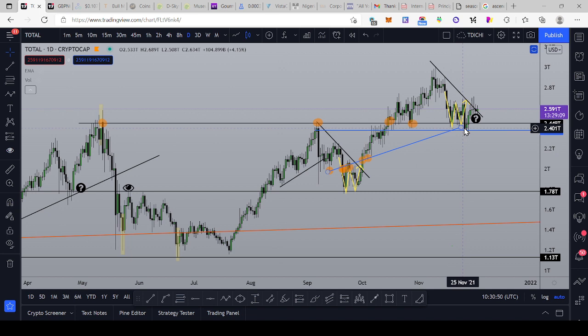So every time we come down here, what do we have? We had this heavy bounce, which is impressive. It looks like we want to break out of this trend.